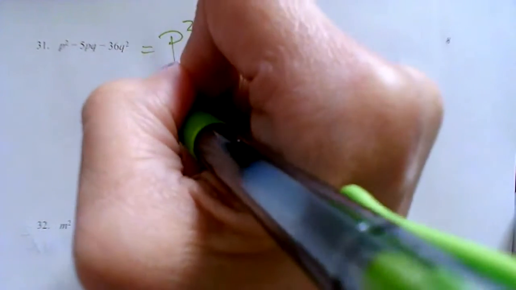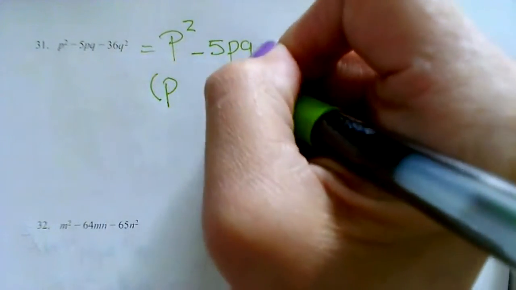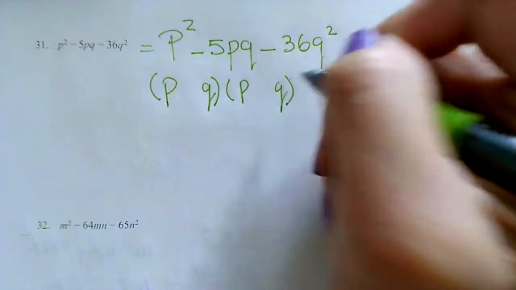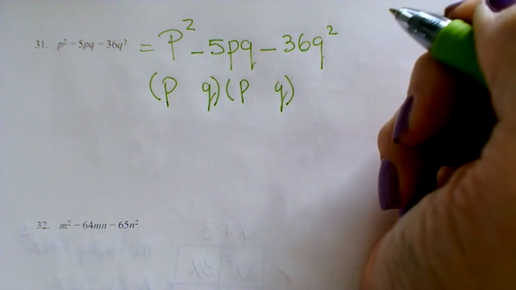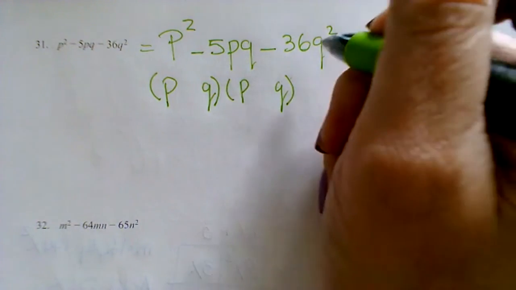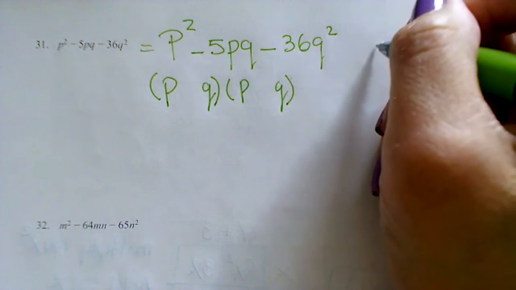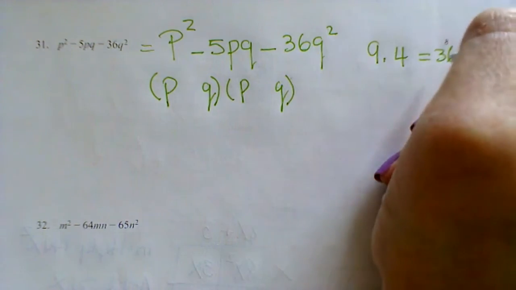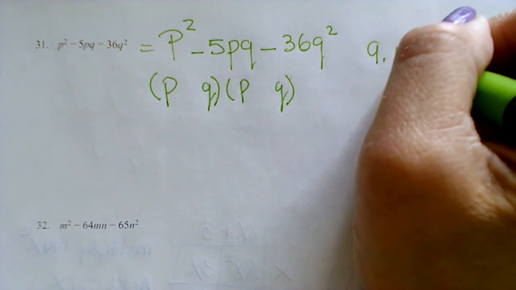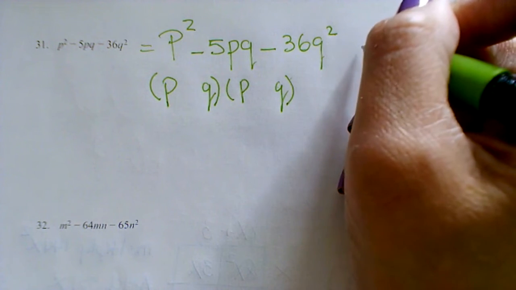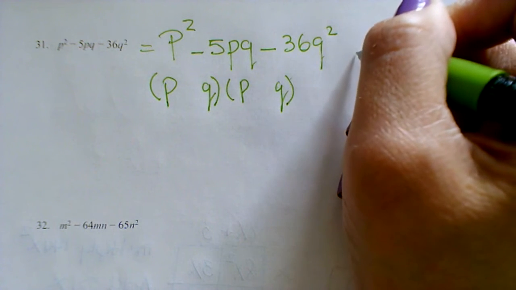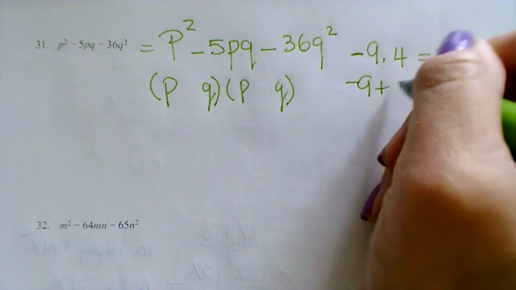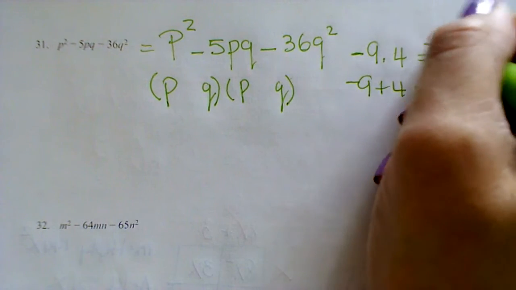So this is going to be p, and we're going to have a q here. So two numbers that when I multiply, I get 36. 9 times 4 will be 36. But if I add these two numbers, then this one has to be negative, because look what happens when I add them.